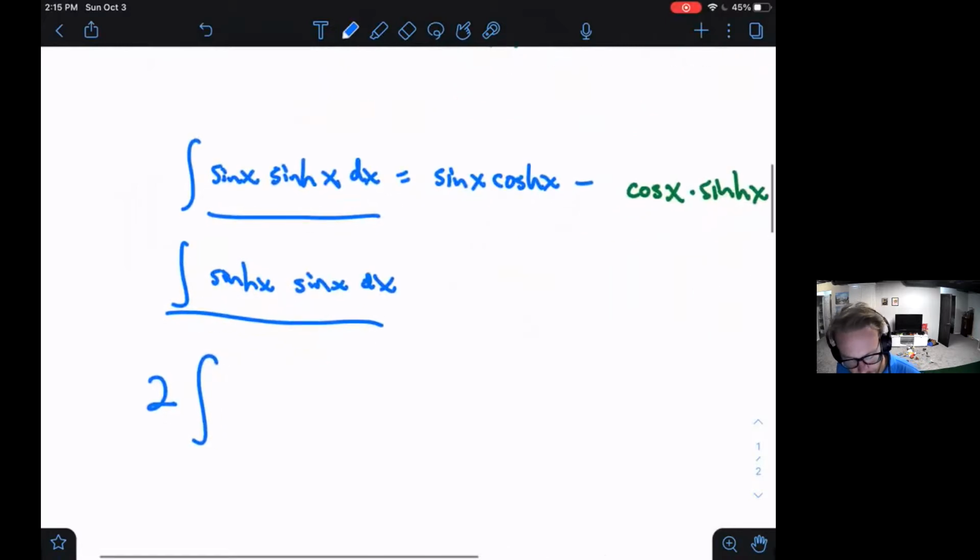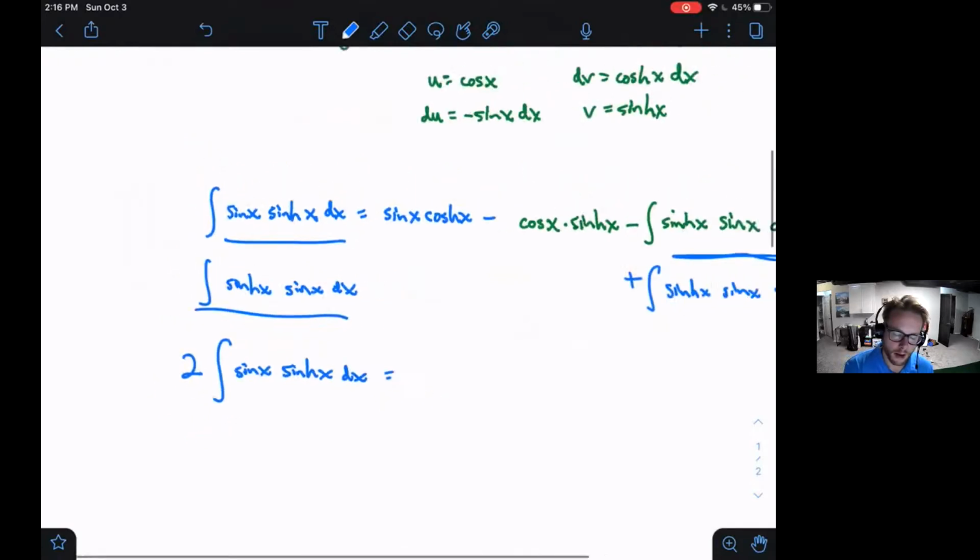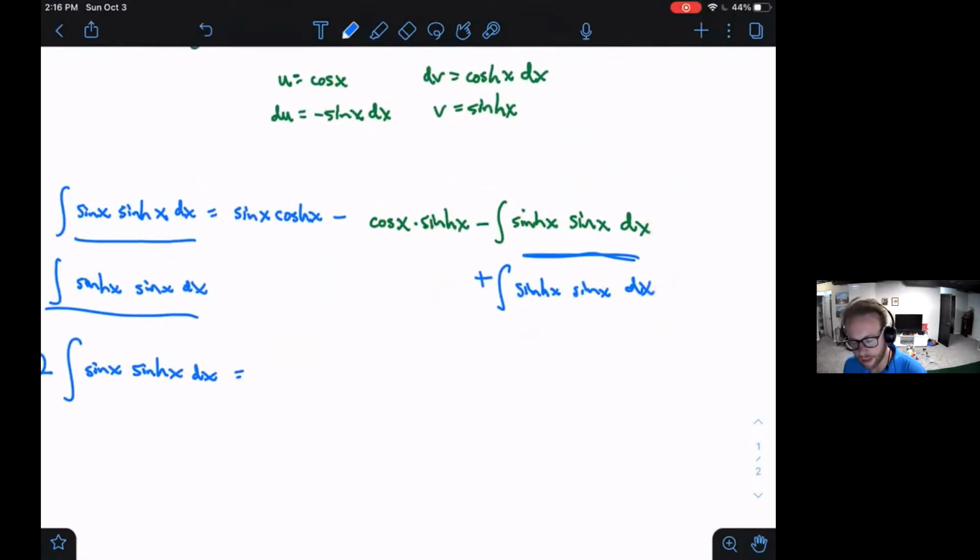Now we have 2 of them. On the right-hand side, of course, these cancel out very nicely, and we're left with sine of x hyperbolic cosine of x minus cosine of x hyperbolic sine of x.